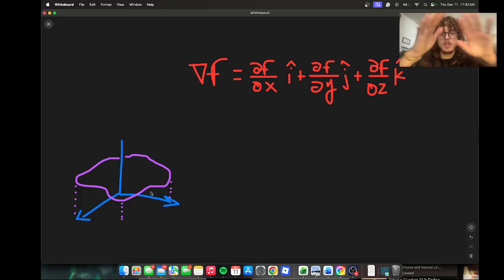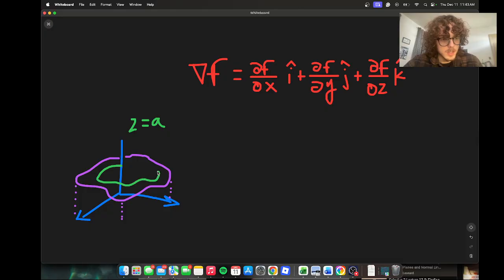It's a nice little hill-like surface on the 3D plane. Let's take a contour of one of these levels. At a specific z value, let's say z equals a, we take a little contour plot, and it encapsulates this part of the curve.